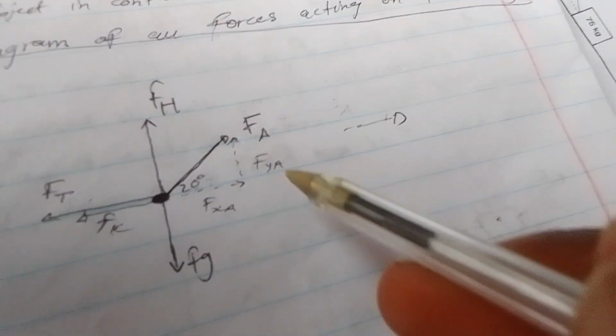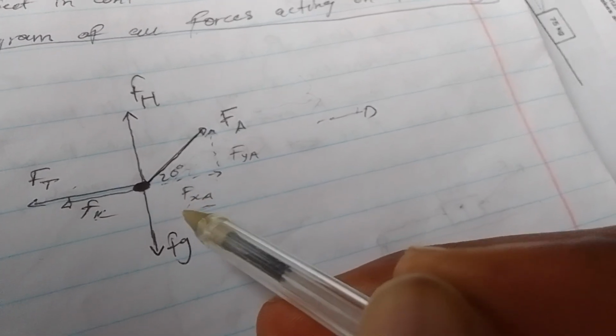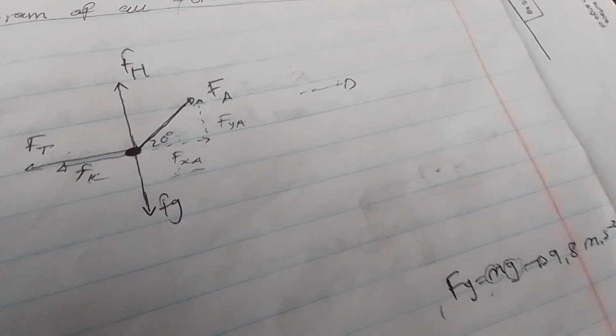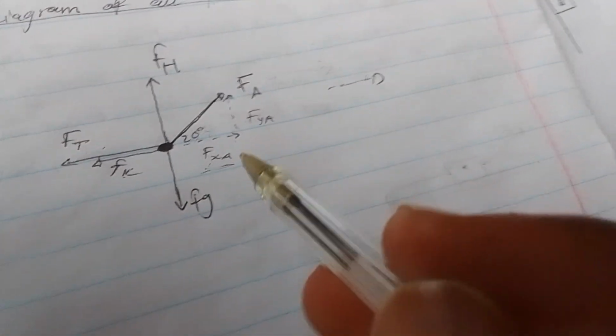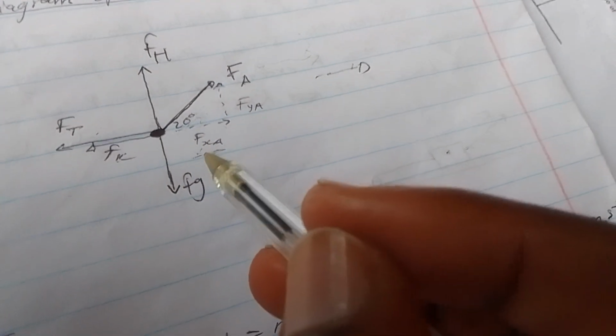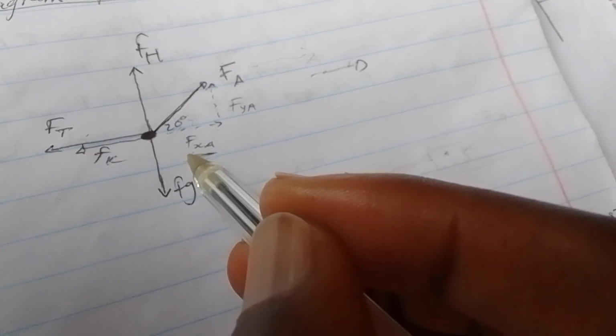So on our parallel direction, our parallel is F X, parallel and X direction are the same thing. So then vertical direction and Y direction are the same thing. The perpendicular direction, are the same thing. Okay, so we have FA, force applied, so then we have its X component, which is FXA.